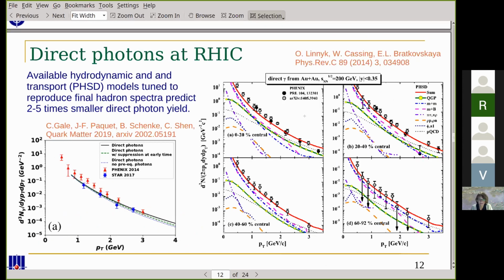If you just make a simple estimate of the square root of s distribution of your collisions, meson-baryon collisions or baryon collisions, you cover a rather wide range in square root of s. And yeah, in this plot which you have shown, this Bremsstrahlung plays a rather big role, comparable with the QGP contribution. So how to deal with these things?